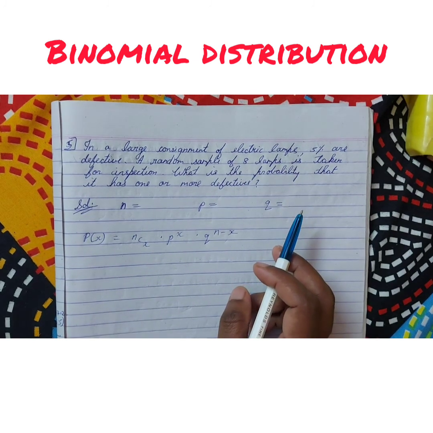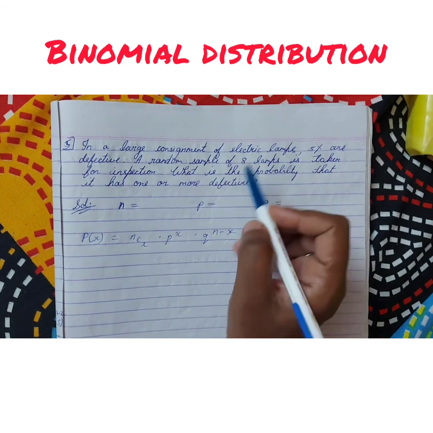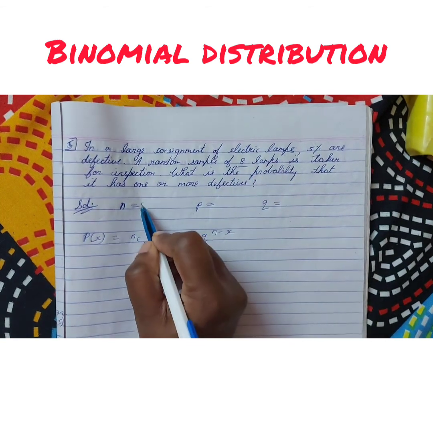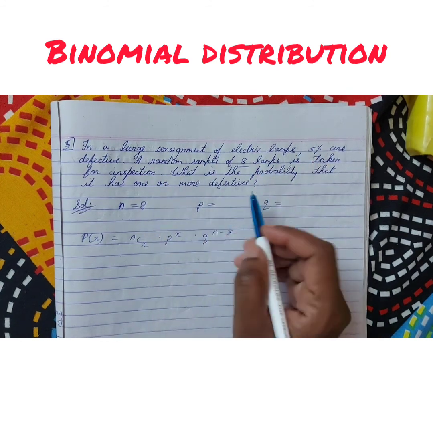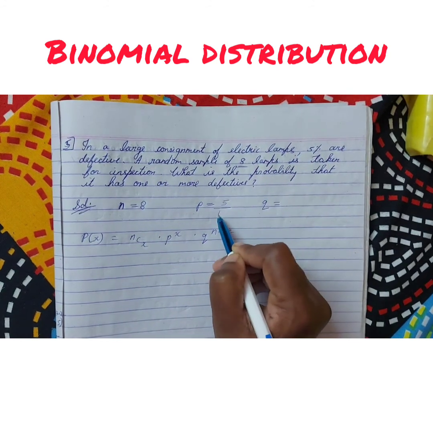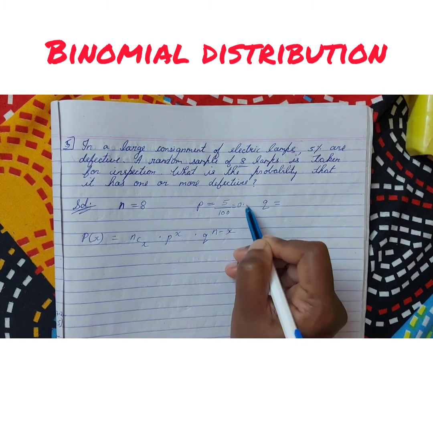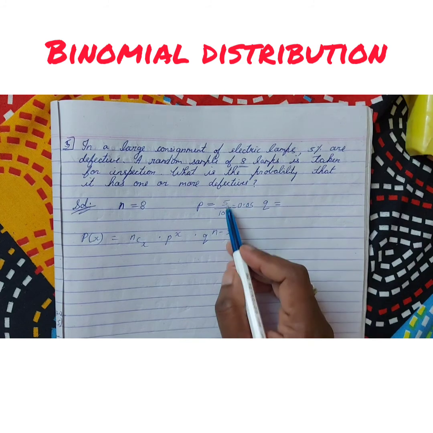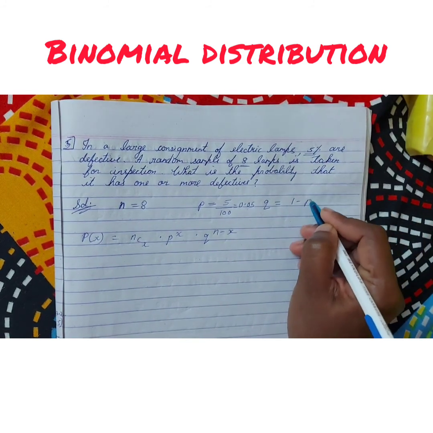So what is n in this problem? n is 8 lamps. So n is 8. Probability is 5% are defective. 5 divided by 100, 5% means in points it will be 0.05. This is p. q is 1 minus p.